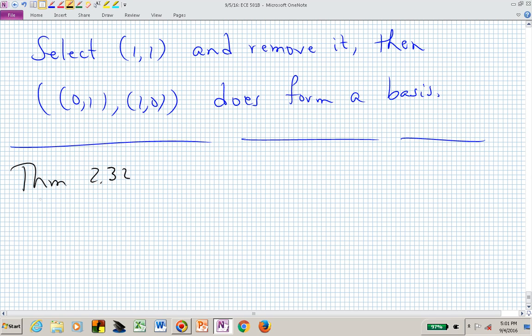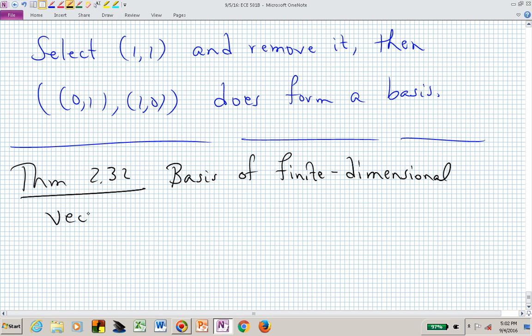Theorem 32 in Chapter 2, which has the heading Basis of Finite Dimensional Vector Space.